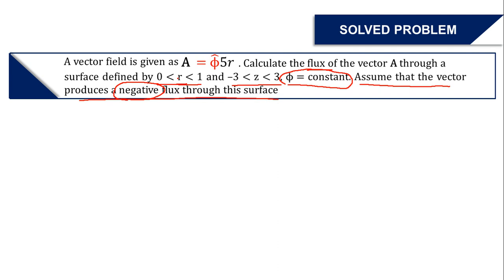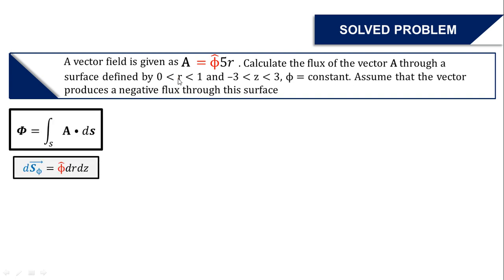So, knowing yung problem, ano na susunod natin gagawin? Ang gagawin natin is we will solve the flux using the formula na dinescribe natin kanina. Okay? It is the surface integral ng vector na yan dot product with the differential surface.